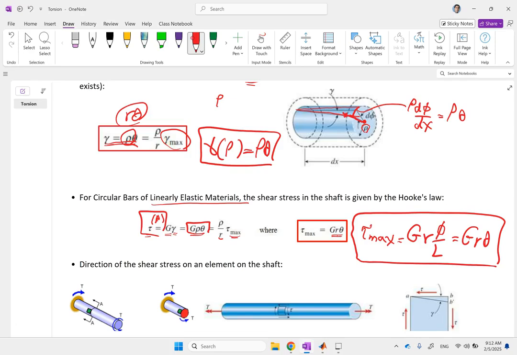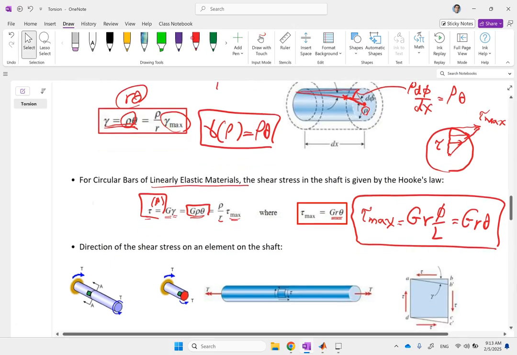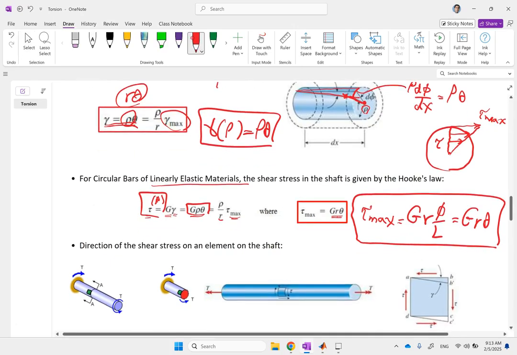So if you have this disk and you want to plot the shear stress, it is 0 here, and as you go to the outer radius, it gets bigger and bigger. So you have a linear profile like this. This is arbitrary tau of rho. It's a linear increase from 0 to the max at the biggest radius.